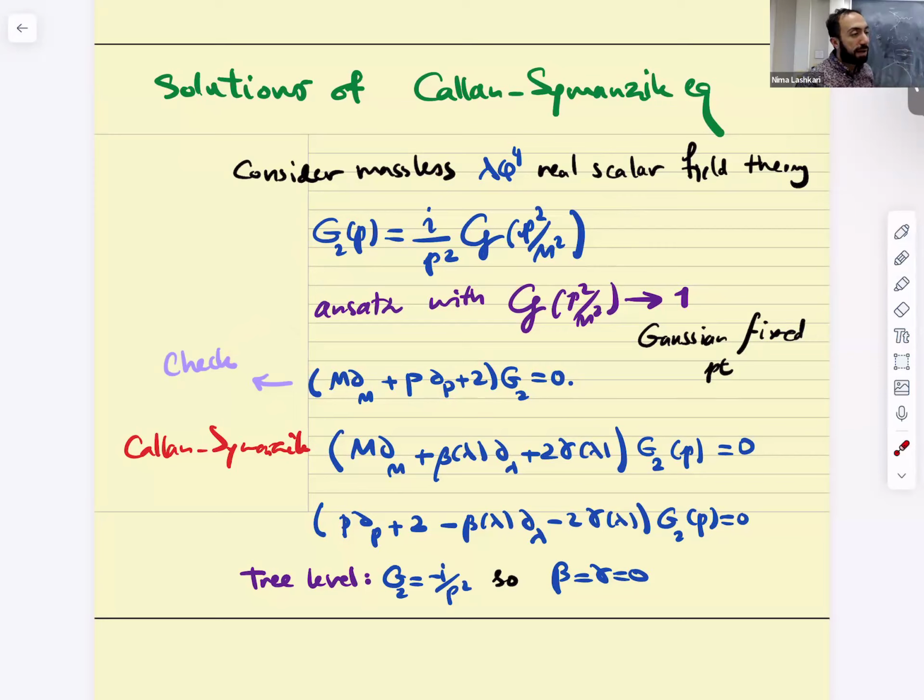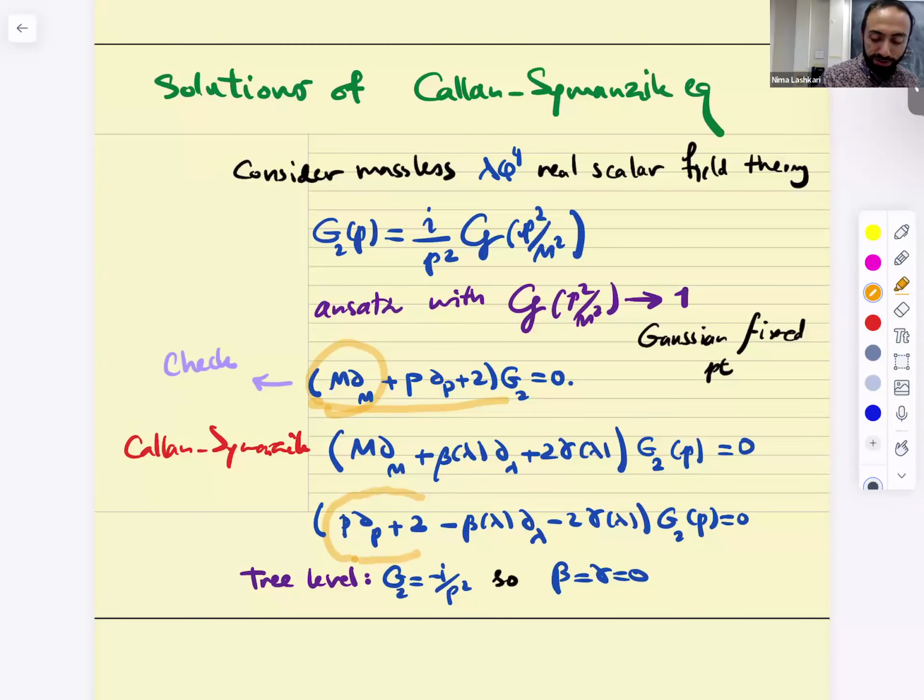Now, what was the Callan-Symanzik equation? It was (m del m plus beta lambda del lambda plus 2 gamma lambda) G2 is 0. This ansatz allows us, instead of evaluating m del m, to replace it by derivatives of momentum. So it's just rewriting.